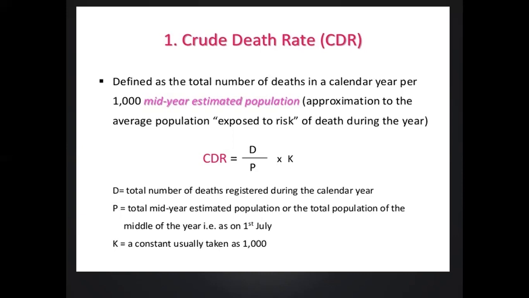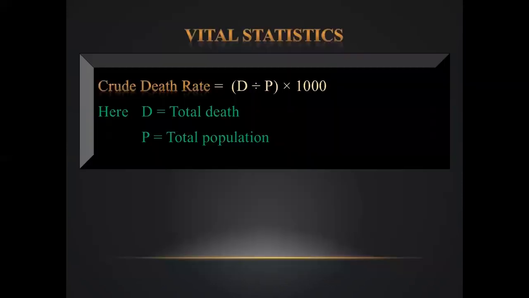K is a constant, usually taken as 1,000. So crude death rate equals D divided by P, multiplied by 1,000, where D is total deaths and P is total population.